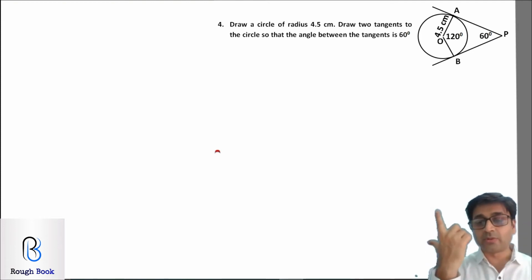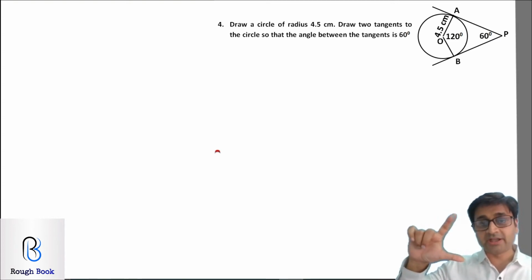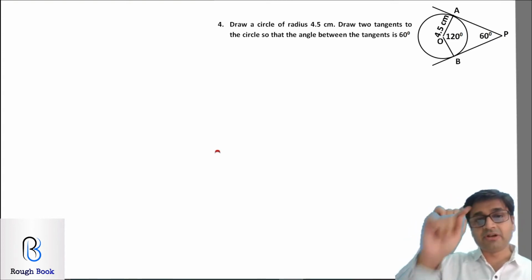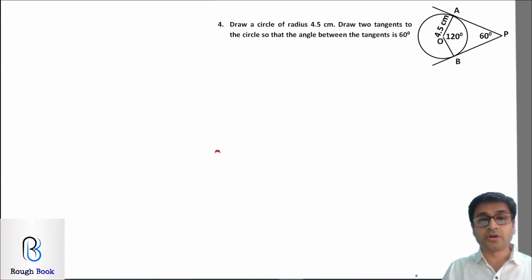Once you get this 120 degrees, your life will become much easier. Then from points A and B, we will draw tangents. That is 90 degrees. How to draw it? Let's see. If you can try on your own, pause the video, see how far you can take it. If you get stuck, come back, I will help you.